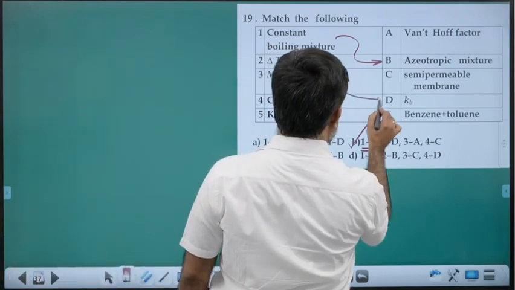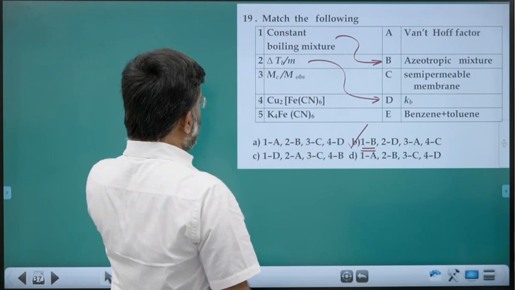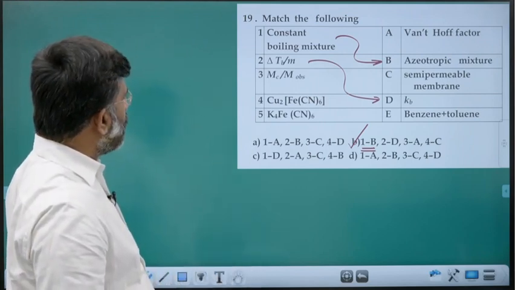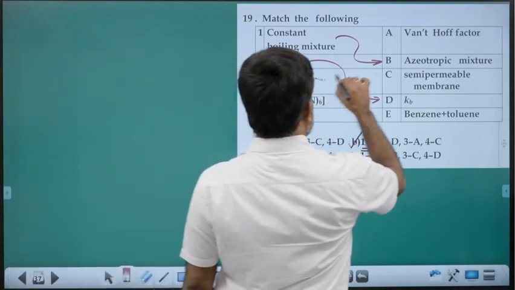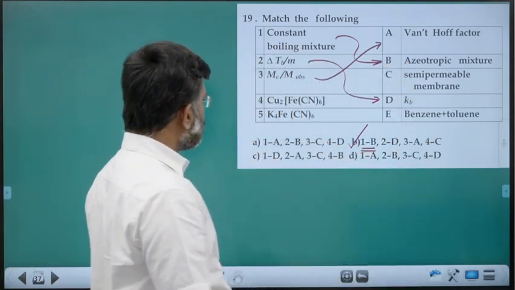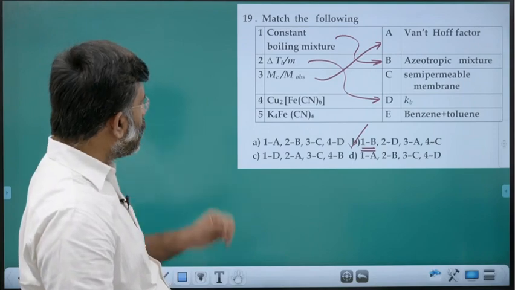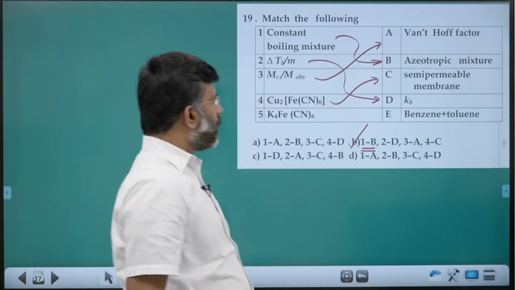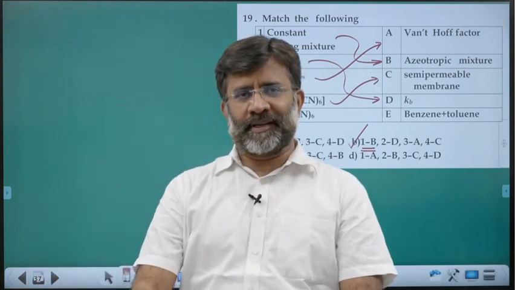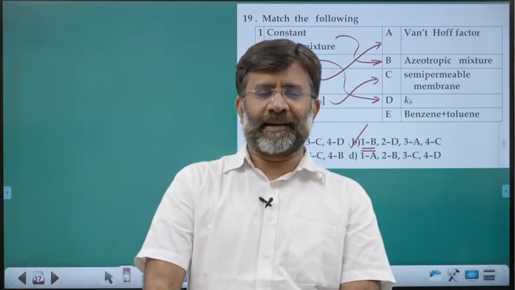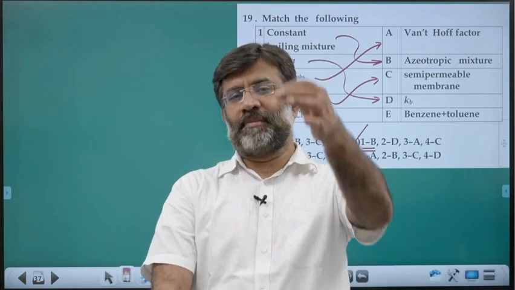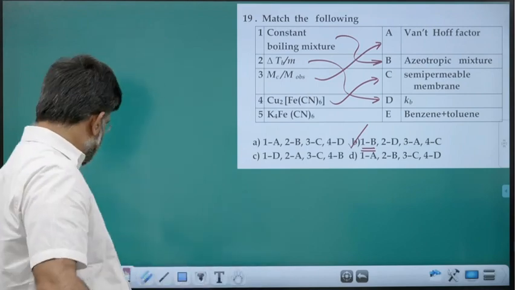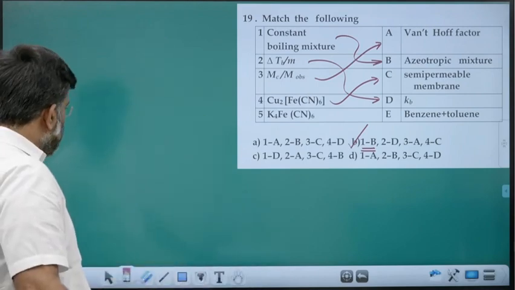That is correct. 3A, molar mass calculated by observed, yes, that is Van't Hoff factor. 4C, copper ferrocyanide is an artificial semi-permeable membrane. So all are matching to the extent required, but simply by checking one, we get our answer. Okay, next. Answer is option B.